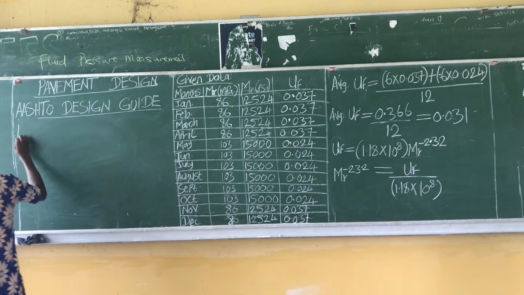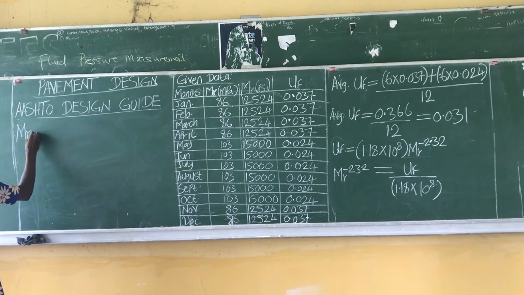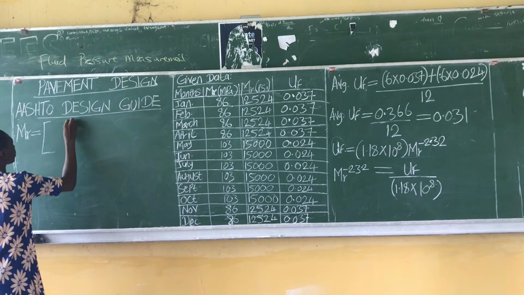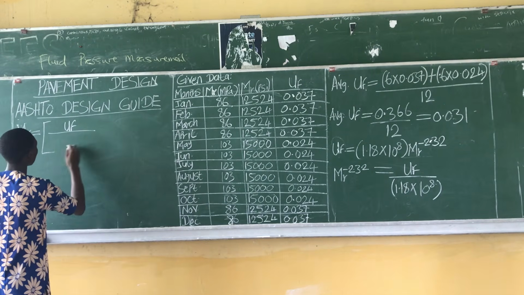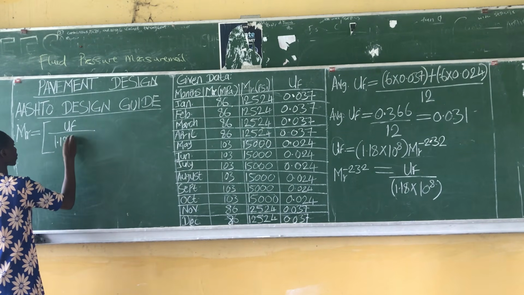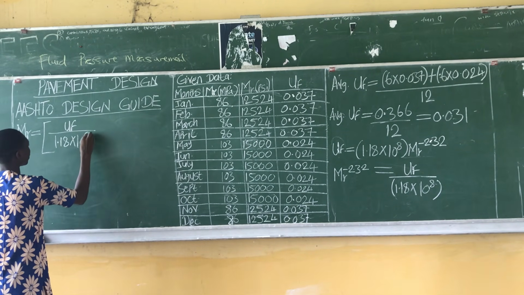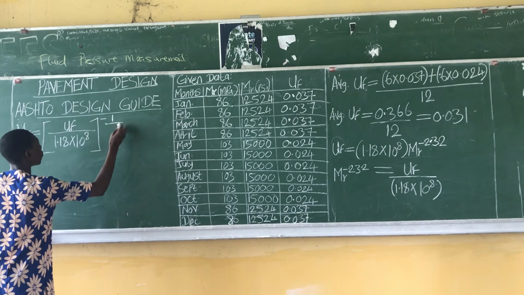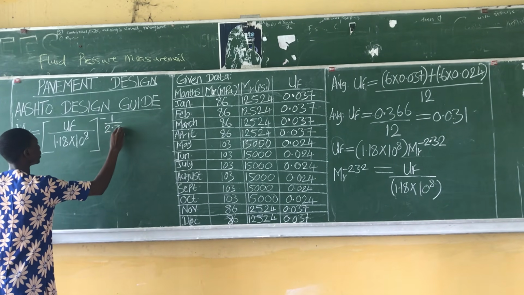Making our resilient modulus the subject of the formula, we have this equal to our relative damage all over 1.18 times 10 raised to the power 8, all raised to the power minus 1 over 2.32.